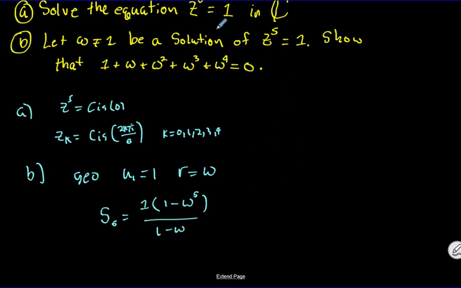But we also know from the original problem that z to the fifth equals 1. Well, omega is one of our roots, right? It is a solution, so omega to the fifth has to be equal to 1. So from this formula, I get 1 minus omega to the fifth, which is 0, over 1 minus omega, and so this is equal to 0.